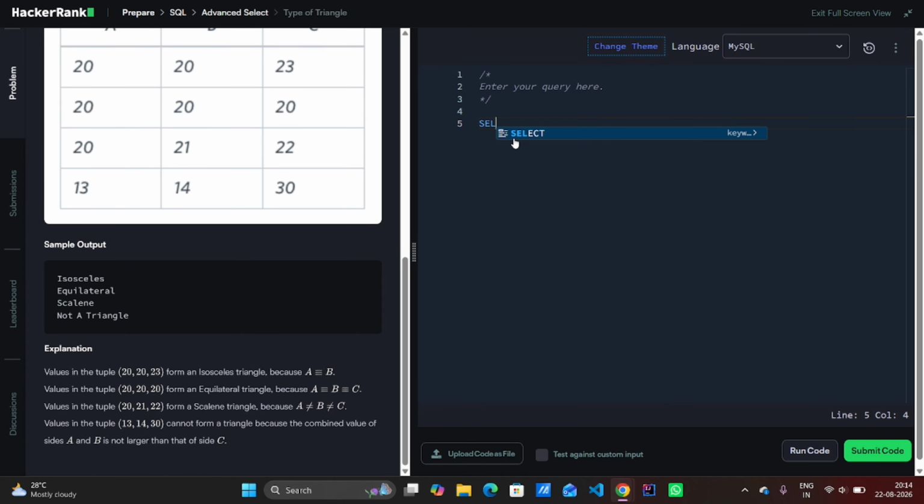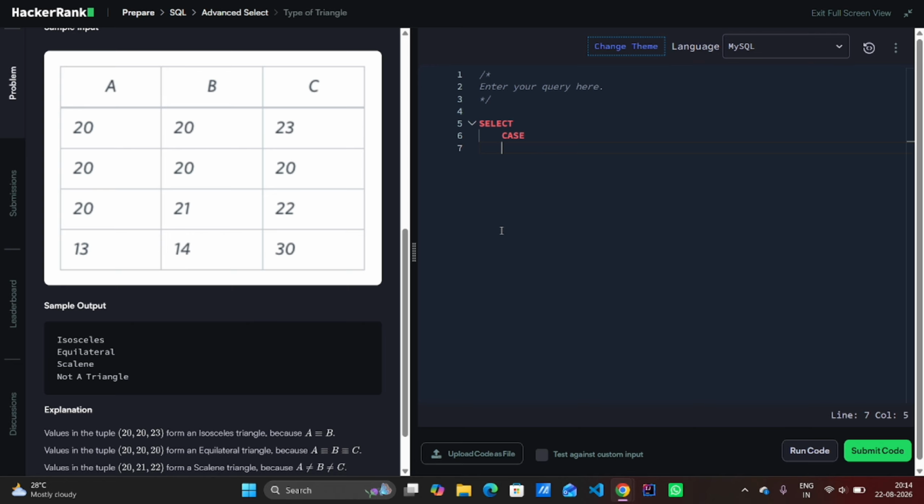We will use select and we will write cases, because in a switch case we have one value and we check that value against many conditions or cases. Here we have to choose which triangle this is.